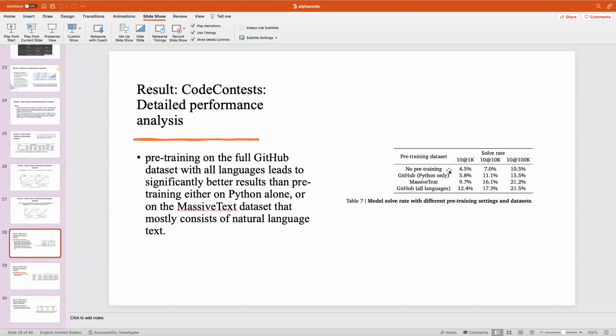If you use no pre-training, the performance is really low. And if you use only natural language or Python code to pre-train, the performance is also not very satisfying for the model.